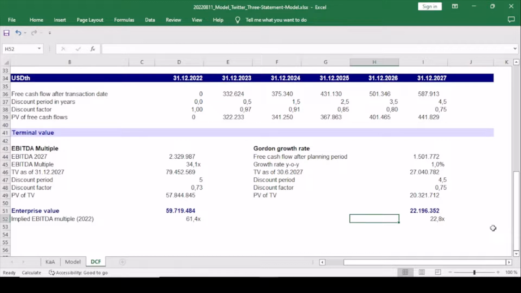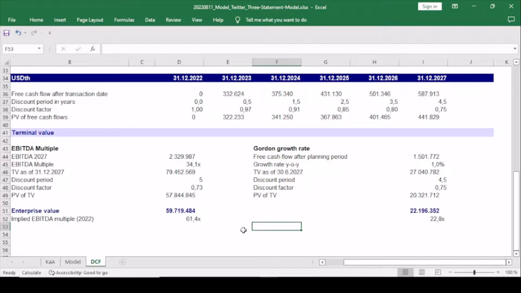So as you can see from the calculation here, the terminal values are pretty significant when calculating enterprise value. So what does that mean? Almost all the value derives from the terminal value.